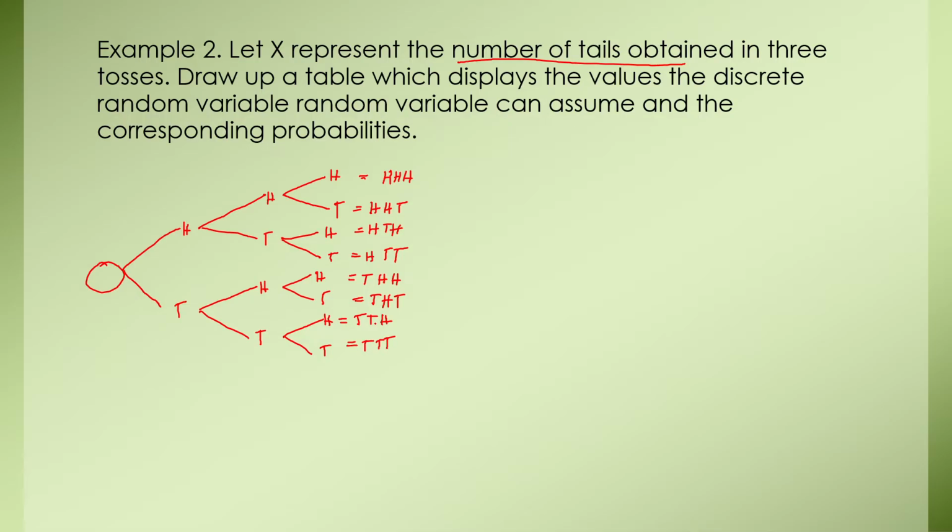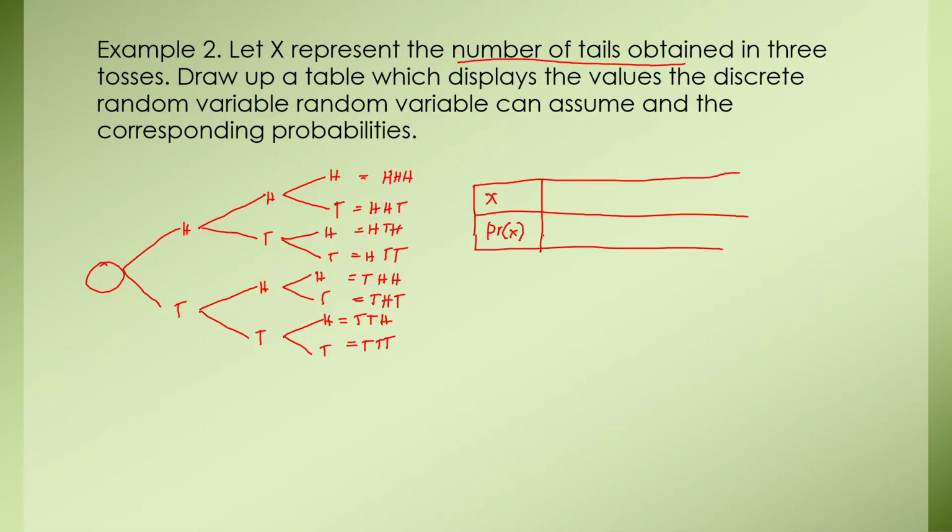What we're going to do is make a table. The number of tails we will represent as our x, and the probability of obtaining x.